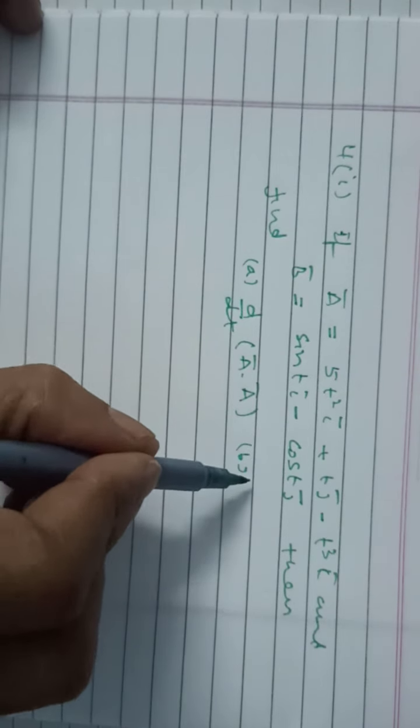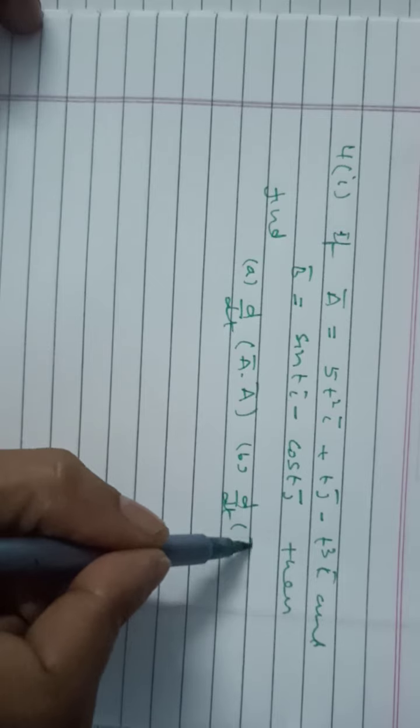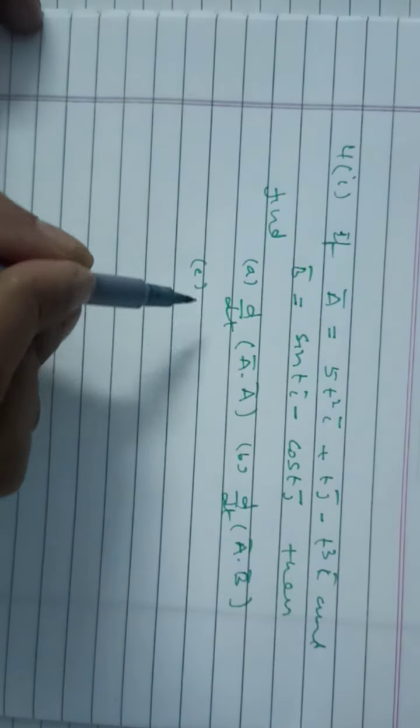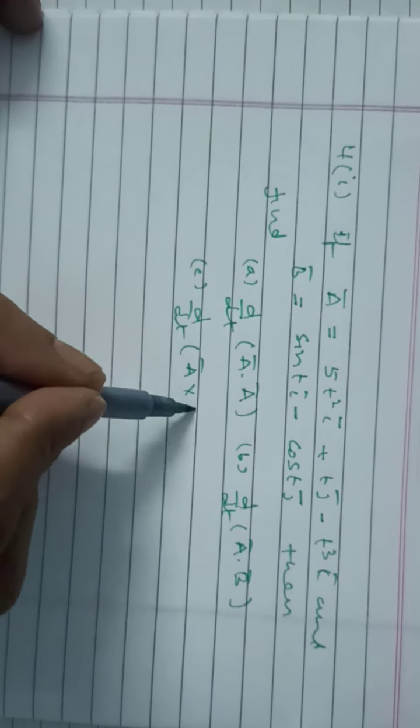B problem, d by dt of a bar dot b bar. C problem, d by dt of a bar cross b bar.